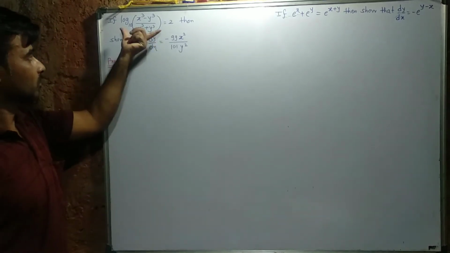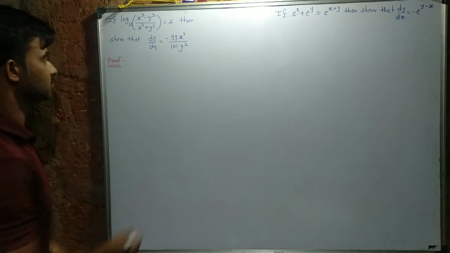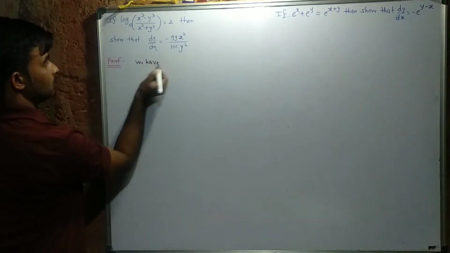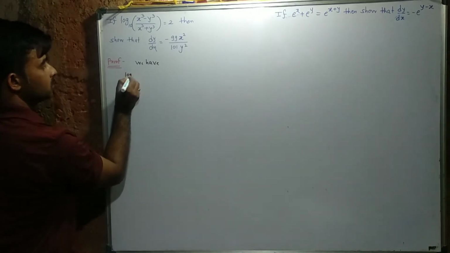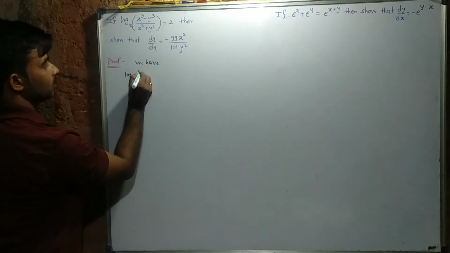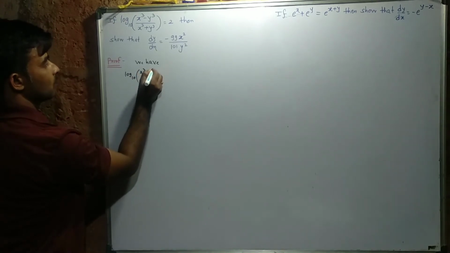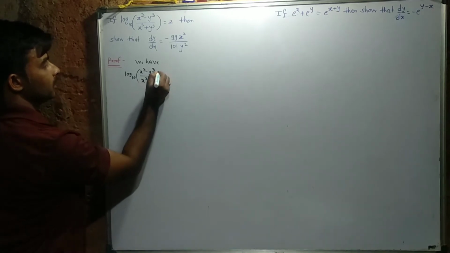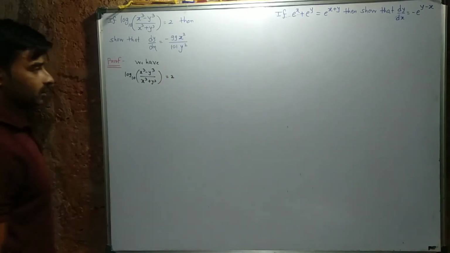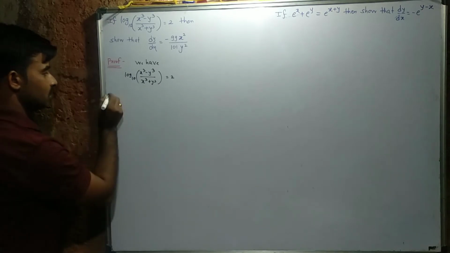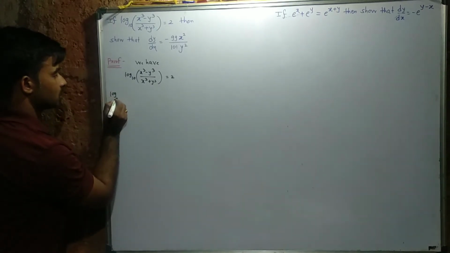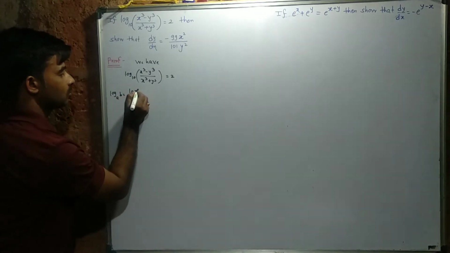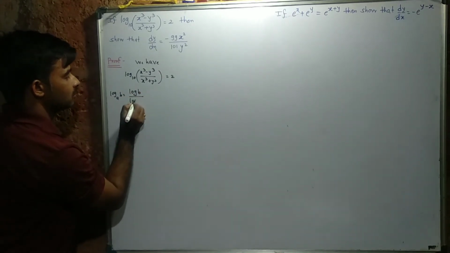First of all, we have to start with the given consideration. That means we have log to the base 10 of (x cube minus y cube) divided by (x cube plus y cube), and it is equal to 2. Then we have to use the formula related to log to the base a of b, which we can write as log of b divided by log of a.